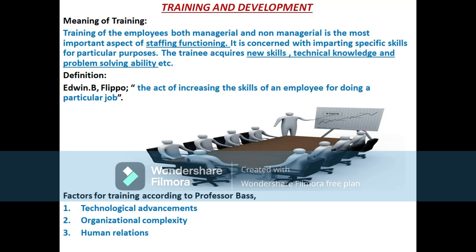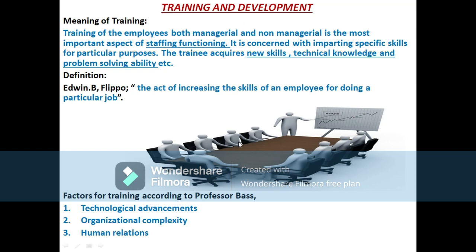Training plays an active role in increasing the efficiency of employees, so it plays an important role in the organization. Training of employees, both managerial and non-managerial, means all levels of management, is a very important aspect of staff functioning. Why? Because we study this training program under staffing only.